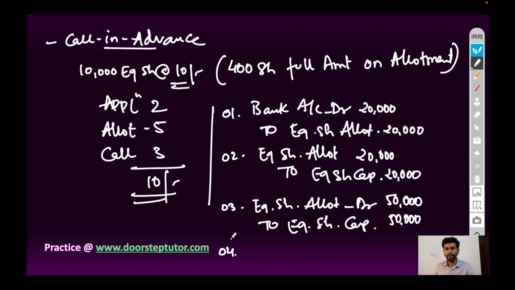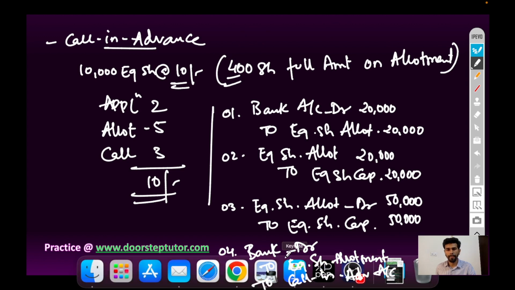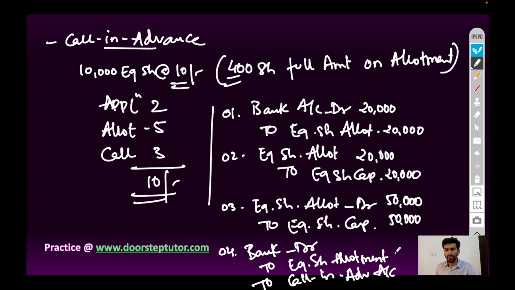Being allotment money due. And on receipt of allotment money along with advance call money, the entry will be bank account debit to equity share allotment account and to call in advance account. So equity share allotment account will be credited with 50,000 rupees. Previously it was debited.